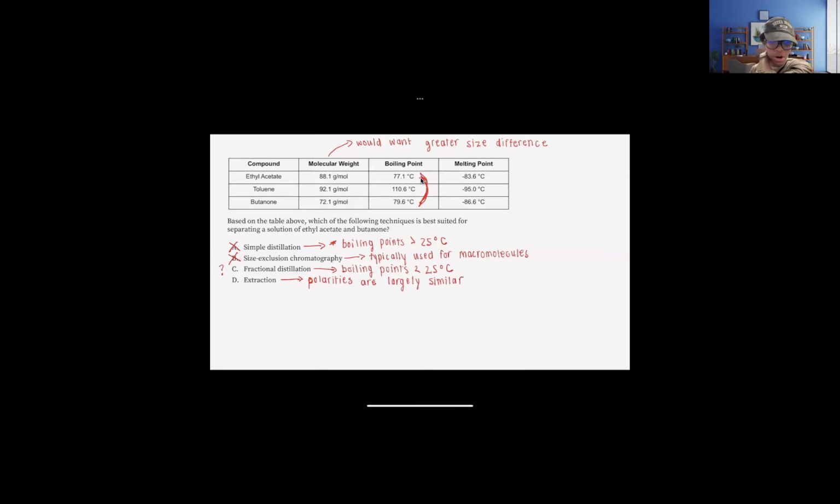So their solubilities aren't different enough for us to try and use in extraction. So by process of elimination, C would be the best answer.